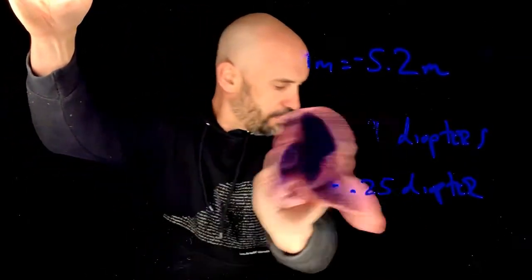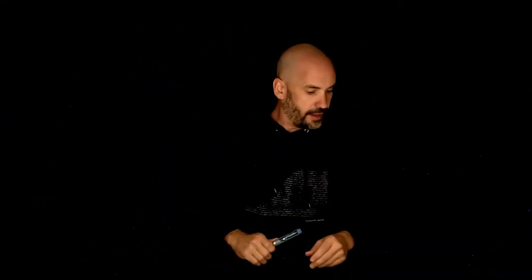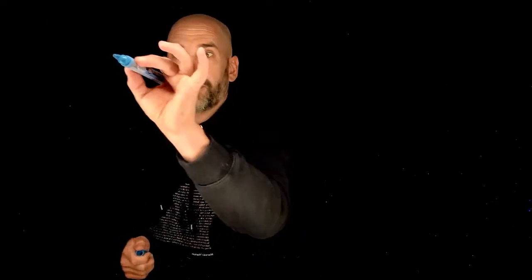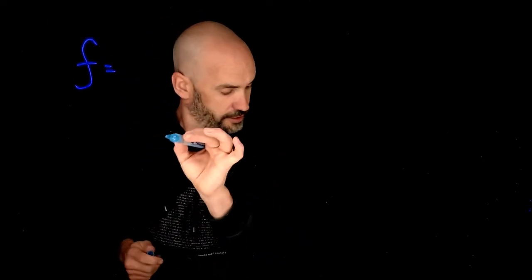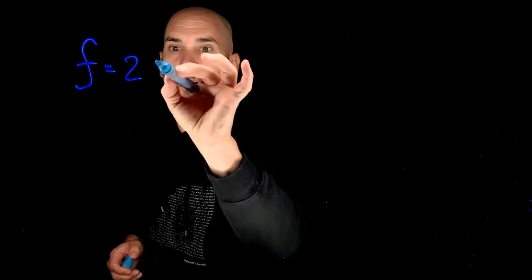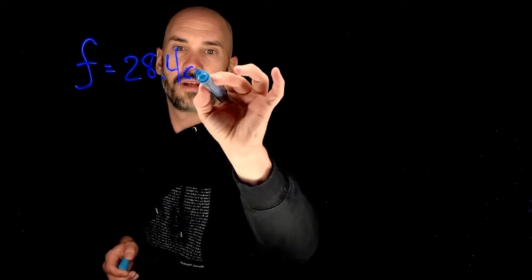So the other example, we had a hyperopic person, and that person had a converging lens of focal length 28.4 centimeters.